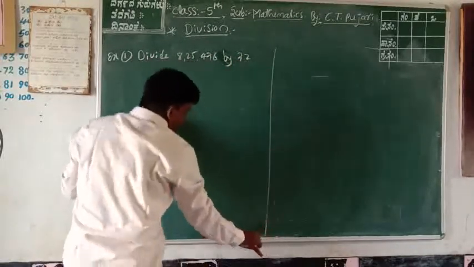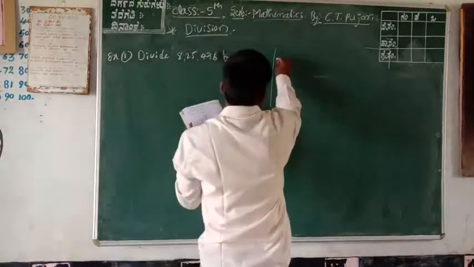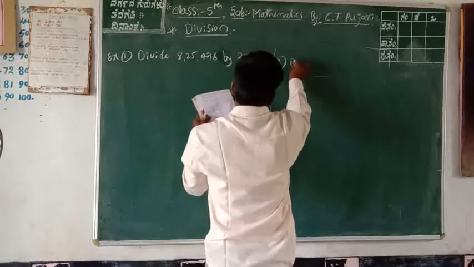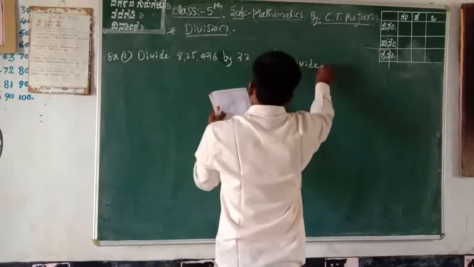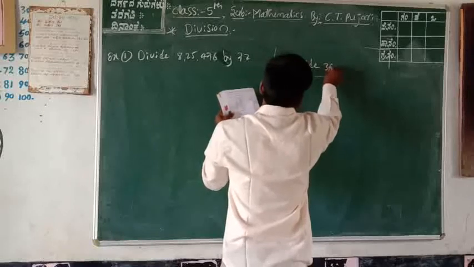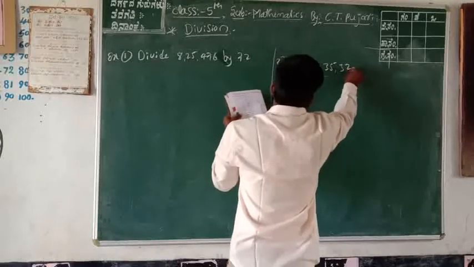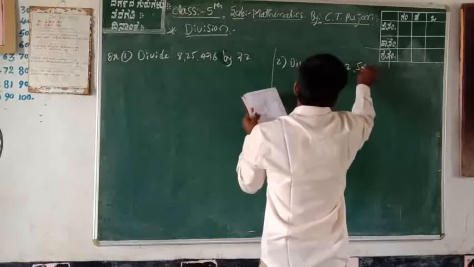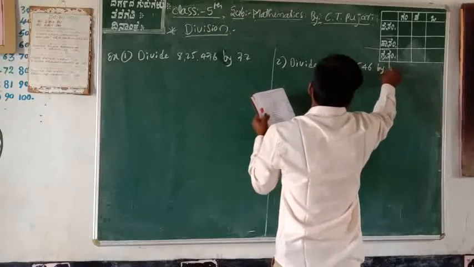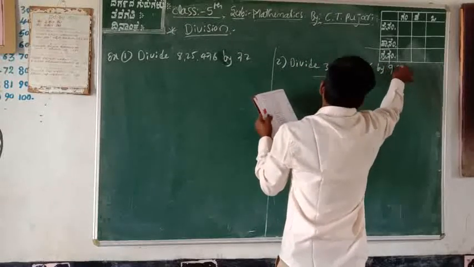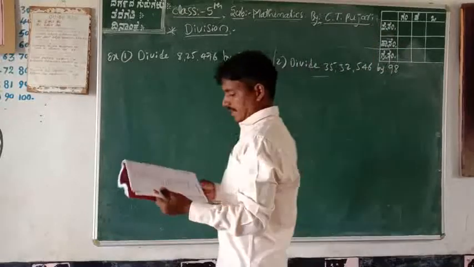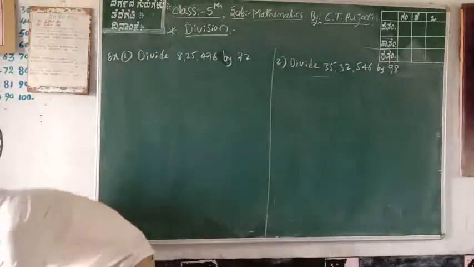This is the first example. We can take the second one also. Second example: divide 35 lakh 32,546 by 98. Check yourself these division examples.